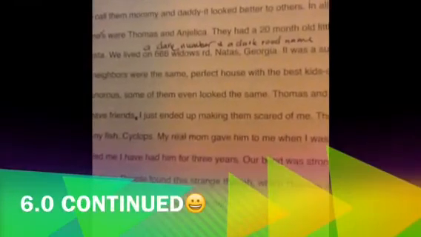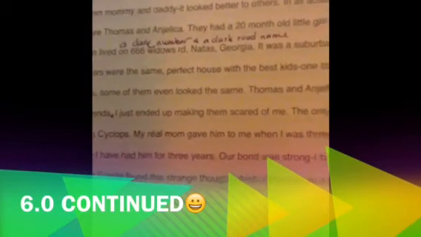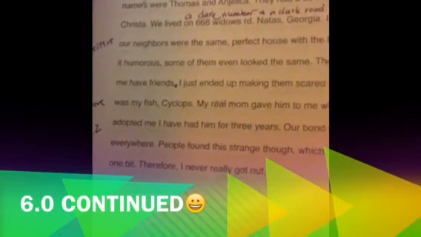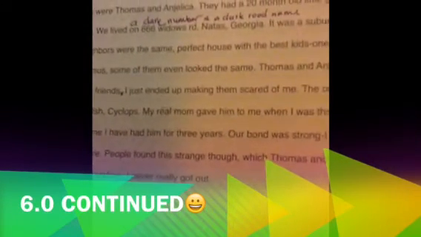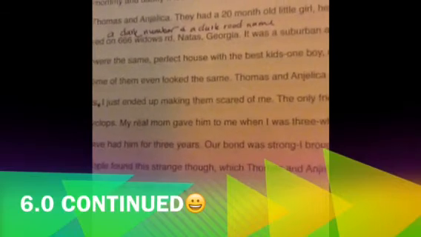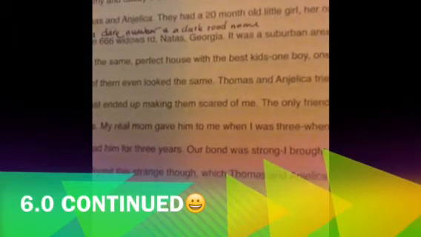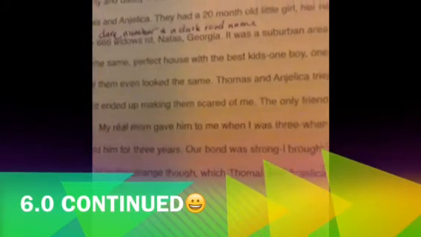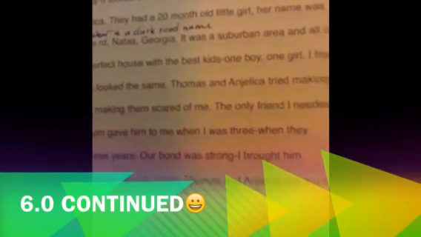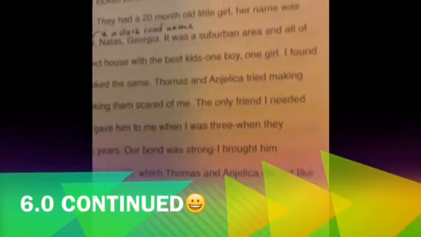The second dash I used is, my real mom gave him to me when I was 3, dash, when they adopted me, I had had him for 3 years. In this sentence, I am talking about the main character's real mom giving him his pet goldfish, Cyclops, when he was 3.